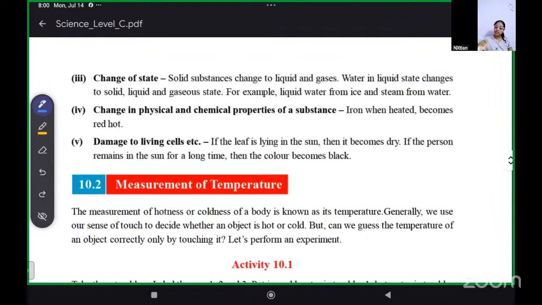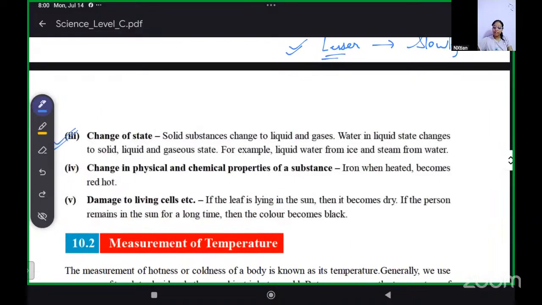Another change is the change of state. Some materials change their state when they are heated. If I heat up ice, it will become water, and if we keep heating, it will become steam or gas. If I heat plastic, it will melt.